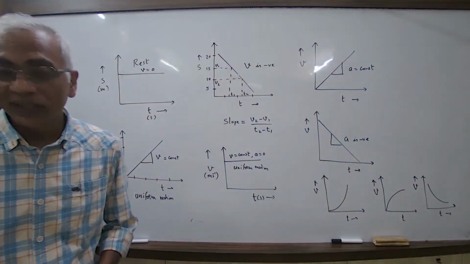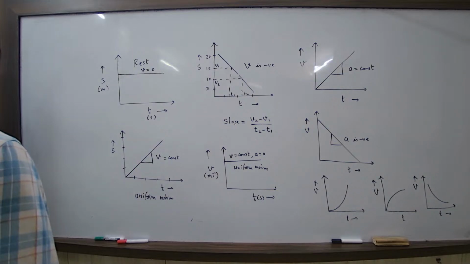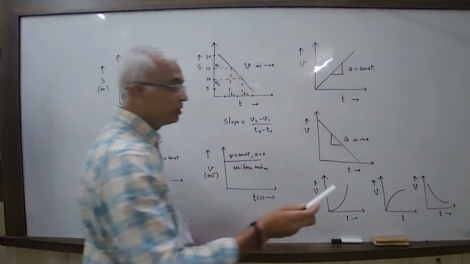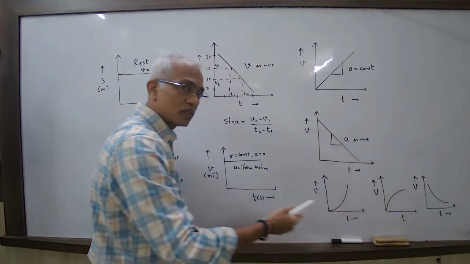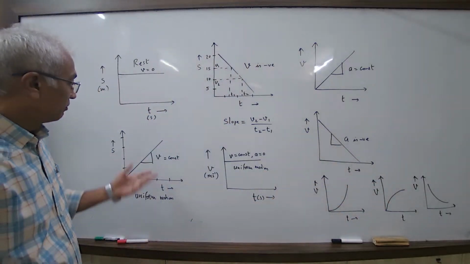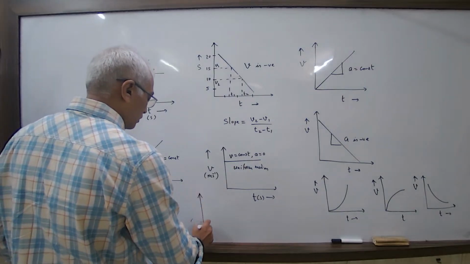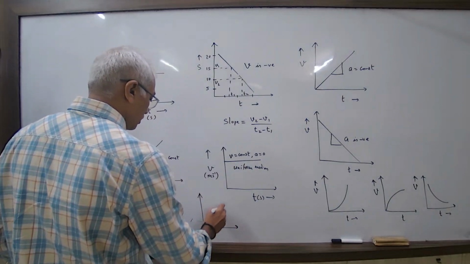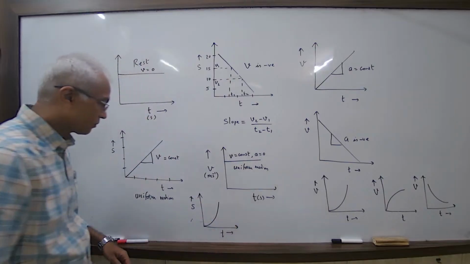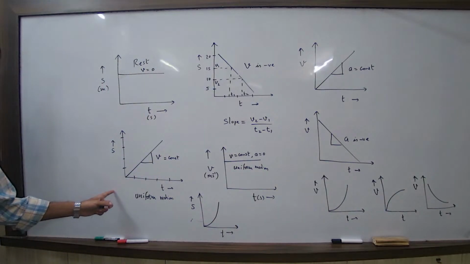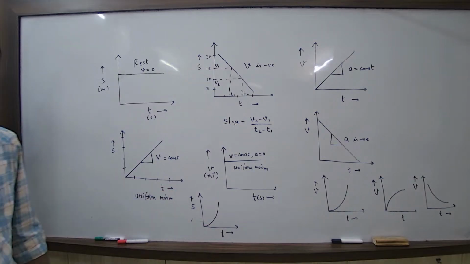So there could be many kinds of situations possible. तुमको simple ही आएगा. ज़्यादातर सब uniform case है. खाली ग्राफ के क्वेश्चन में ऐसा आ सकता है, just to identify the nature of motion. वैसे यहाँ पे भी अगर डिस्प्लेसमेंट टाइम ऐसा है तो ये क्या होगा? This was uniform motion, so this becomes a non-uniform curve.